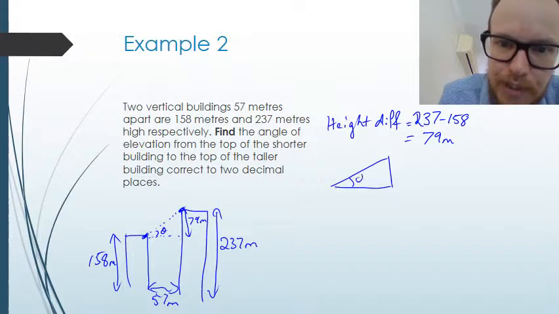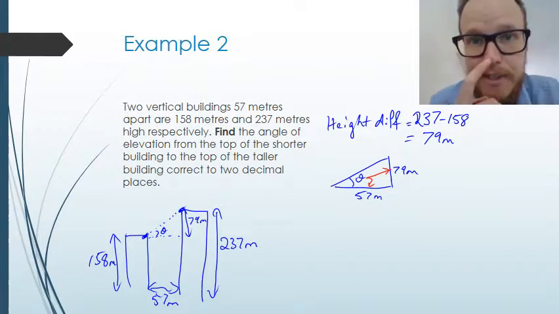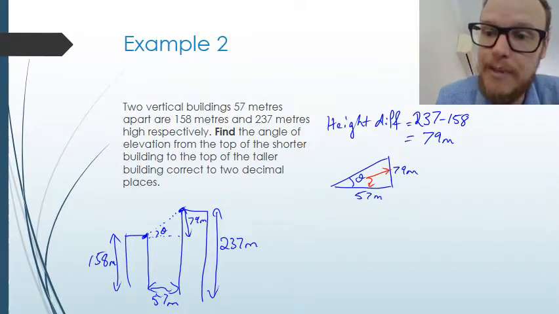We're trying to find angle theta. We've got that the horizontal distance between the 2 buildings is 57 metres and the vertical distance is 79 metres. For our triangle here, we've got the side that's opposite the angle that we care about, and the side that is adjacent to the angle that we care about.